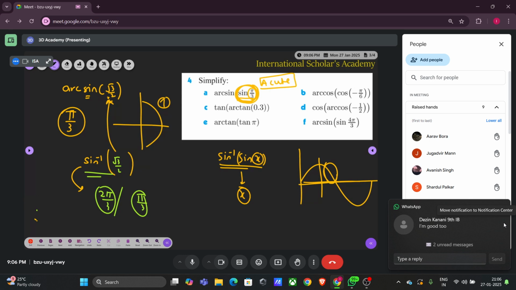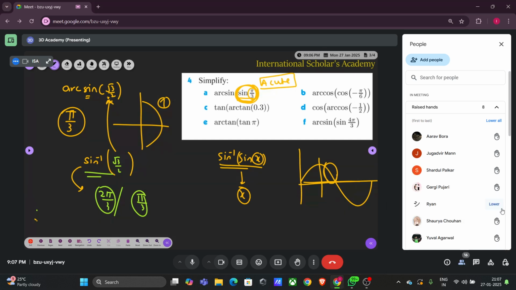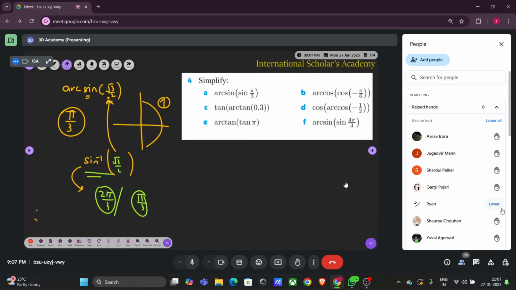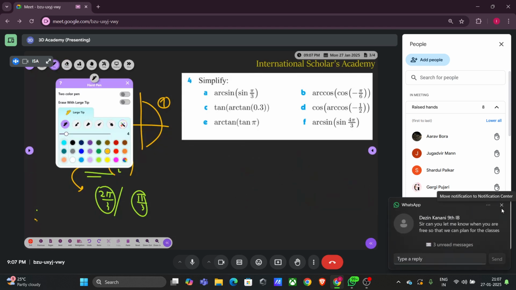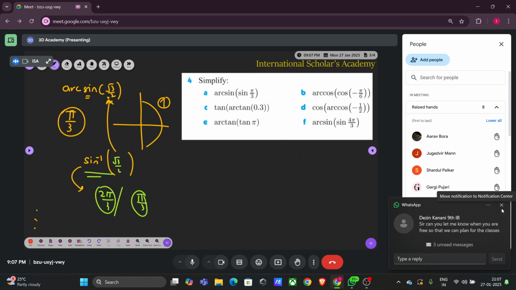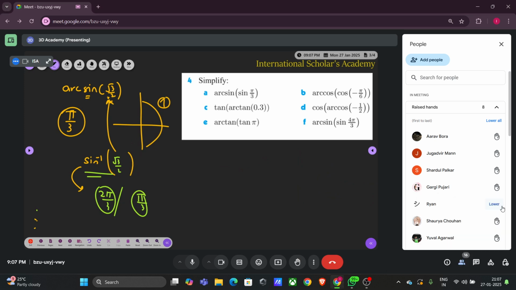Okay. So is it the same for tan and cos? No. See, it's again about the range. Because the range of sine is going from -π/2 to π/2 and the range of tan is also going from -π/2 to π/2, right? But the range of cos is going from 0 to π, right? So we cannot directly memorize it for cos.